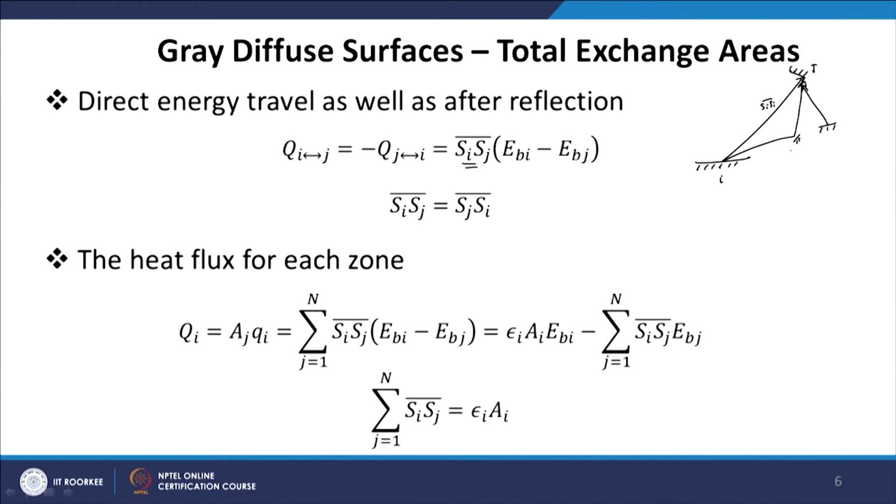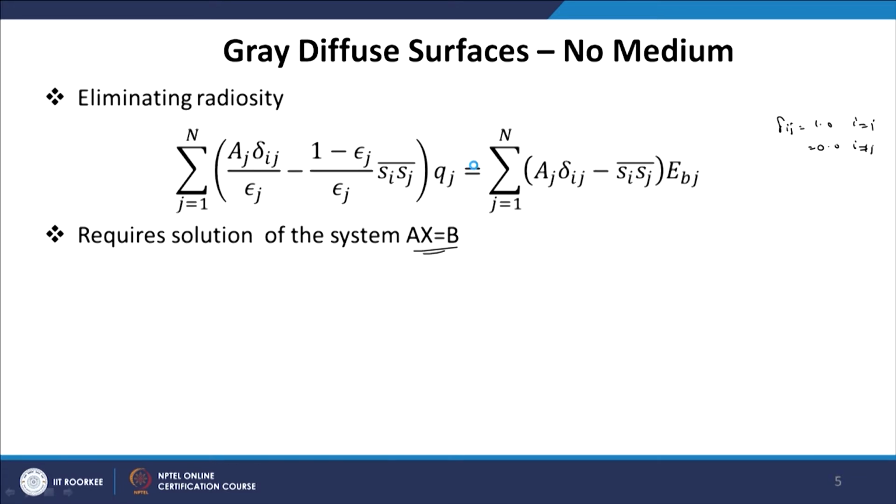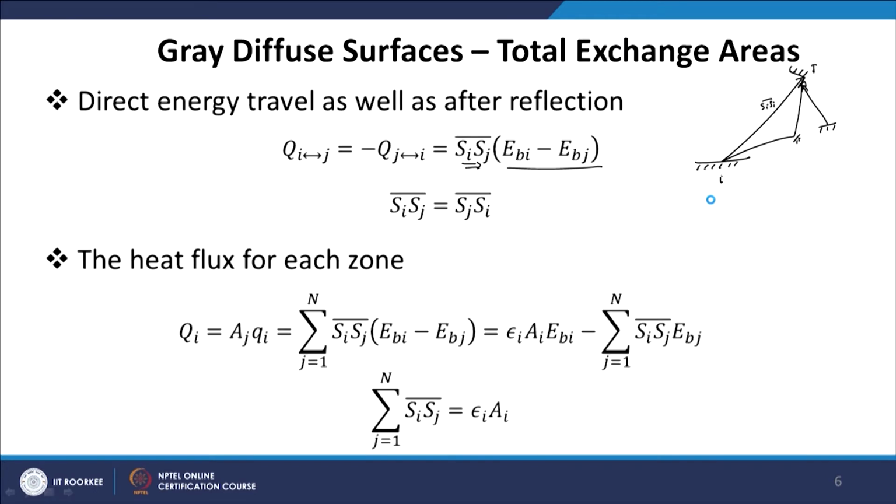So, the good thing about this method is that we can directly calculate the radiative energy transfer by just taking the difference between emissive powers and multiplying by the total exchange area. We do not have to solve for this equation again and again. Again, I would like you to understand the advantage of this method.